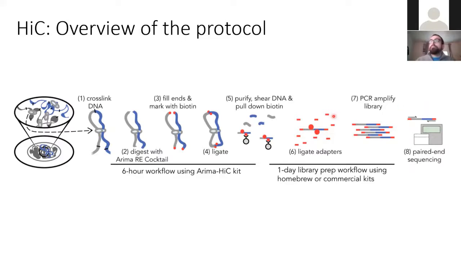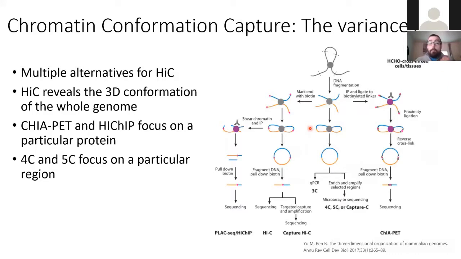And before you do Hi-C, it's important to know that there are many other ways to look at chromatin conformation, which all differ from Hi-C. So if you want to look at all your genome, you want to do Hi-C and look at everything. But if you only want to look at loops that are formed by a specific protein, you can do ChIA-PET or HiChIP, where you pull down the protein before, and then you do an experiment that's very similar to Hi-C.